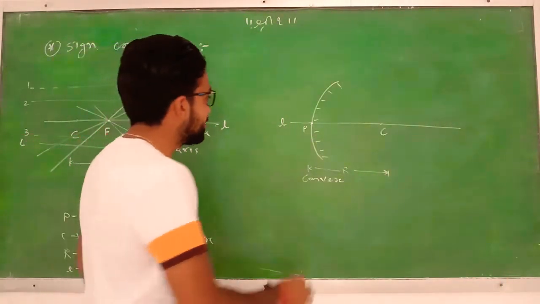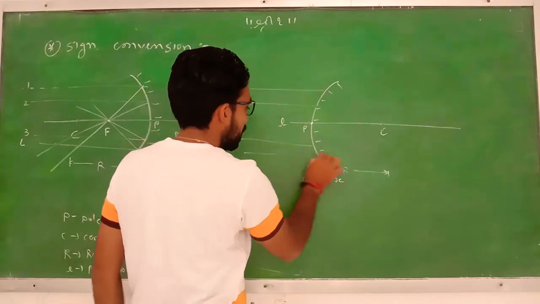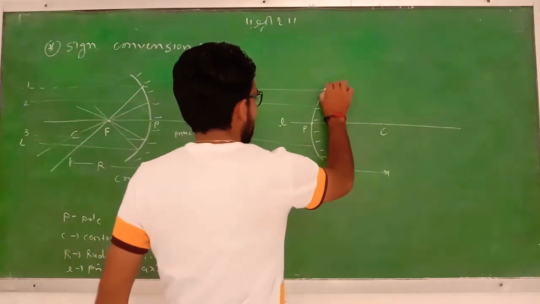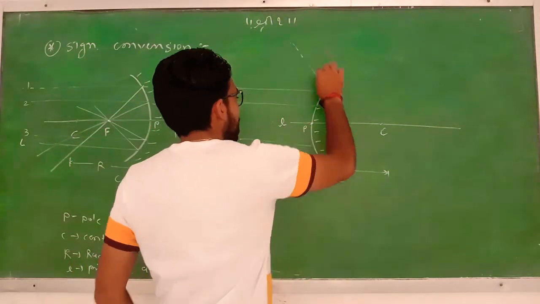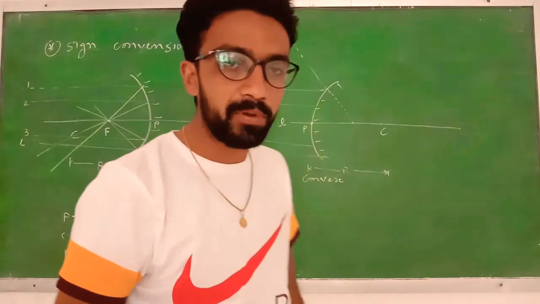Similarly, here is a parallel beam of light rays coming from infinite distance. After reflection, the rays are reflected such that they look like they are coming from one exact point on the principal axis.